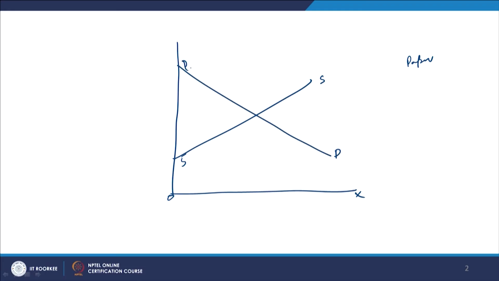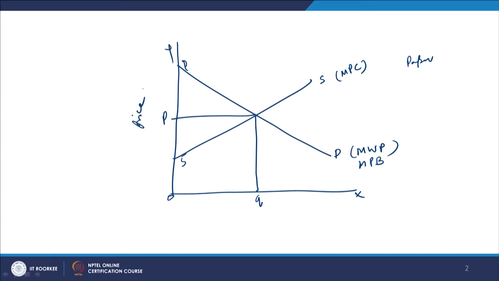So, DD is our marginal willingness to pay, which is also called marginal private benefit, and that is also called marginal private cost, and this is the equilibrium output OQ, and OP is the price. Now, this supply curve does not include external cost.